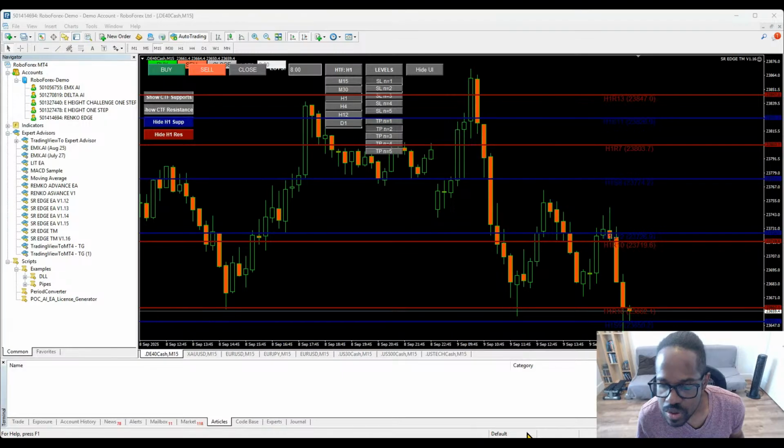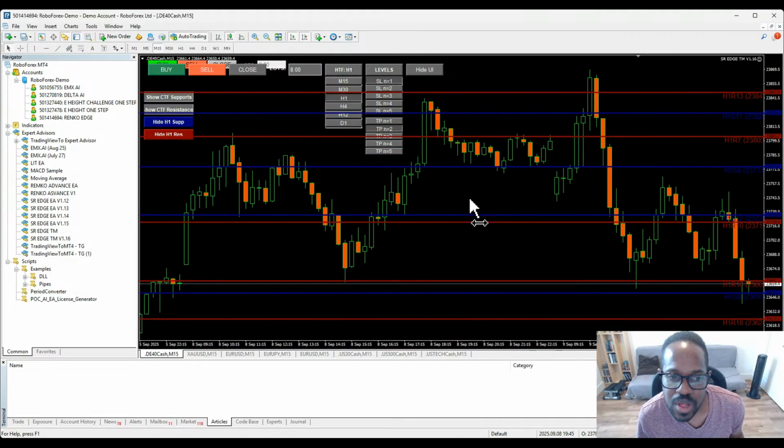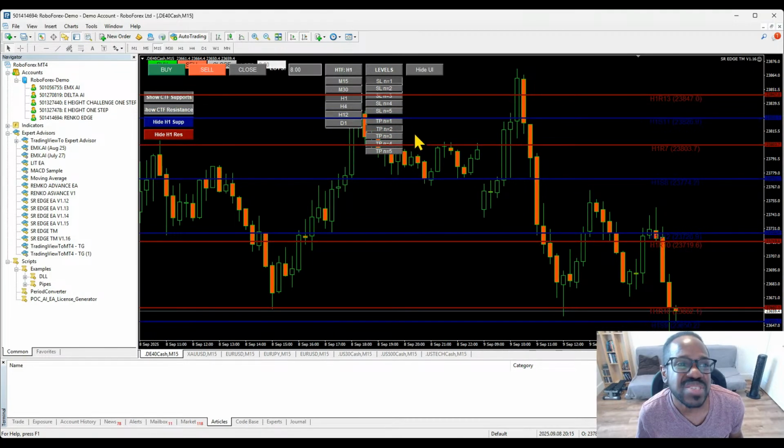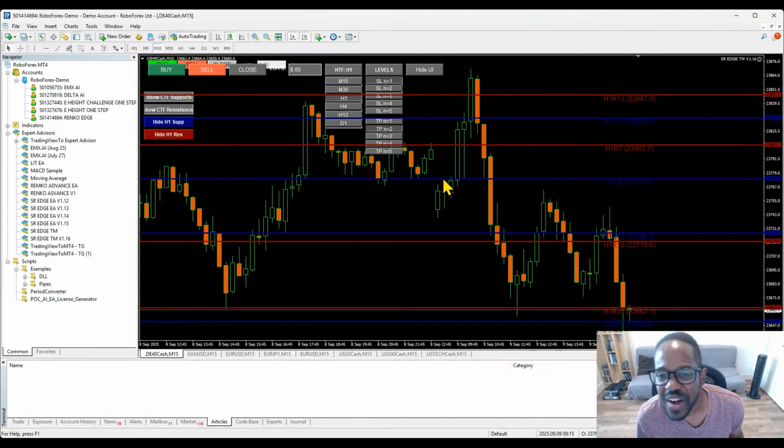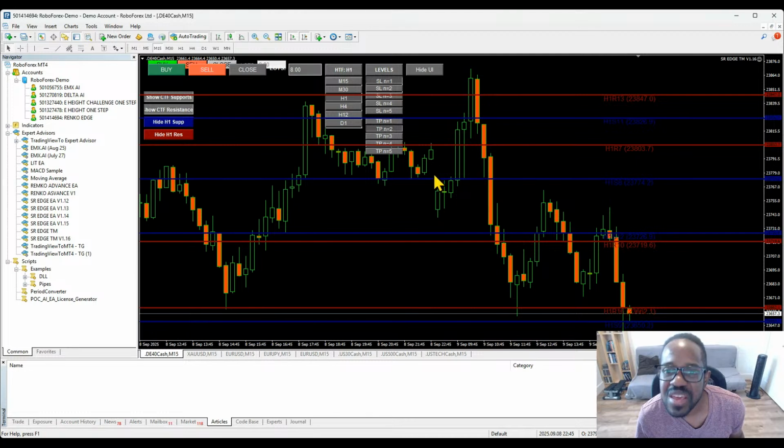Basically, this is based off of support and resistance, and it will help you if you're trading manually to take trades for a buy or sell. If you're taking a trade, it plots your stop loss and take profit based off of the levels. For example, yesterday we had a German buy around here.